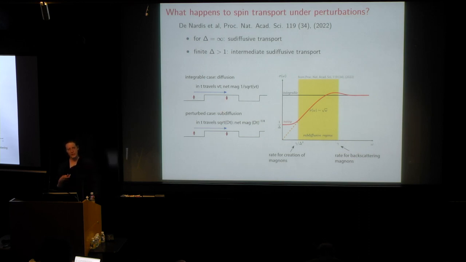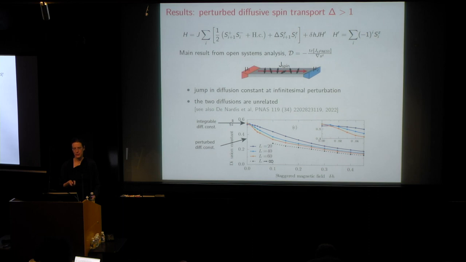So in the delta to infinity limit, you actually expect subdiffusion, while at finite delta this region is just finite in time, and you get diffusion with a different constant. At least we would anticipate this from these numerical results.